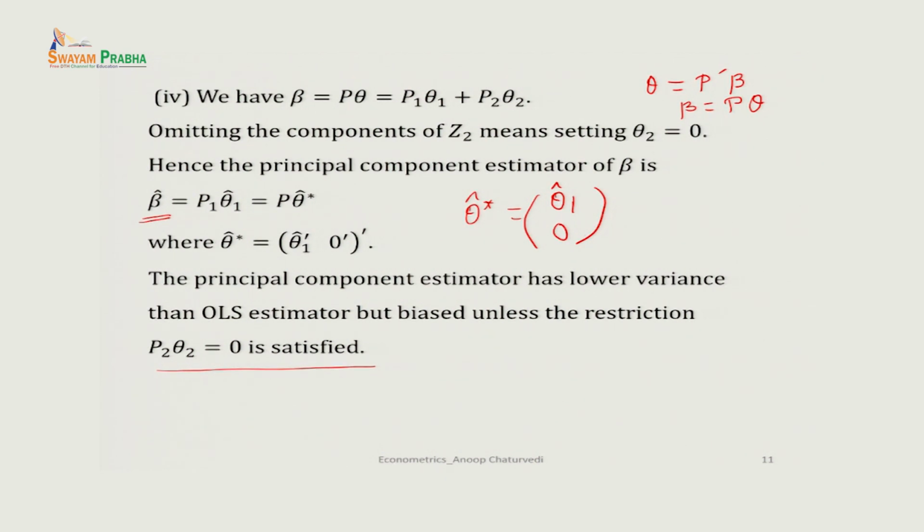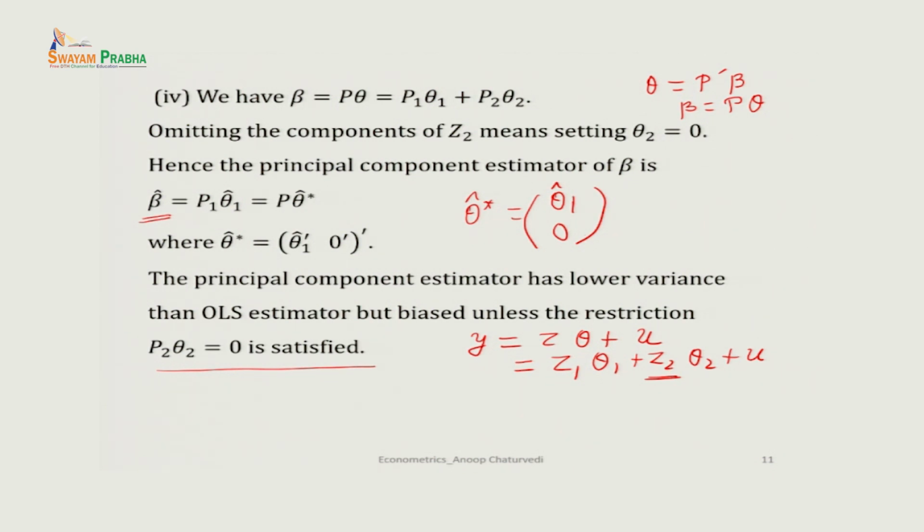First we transform the model as y equal to Z theta plus u, and then we write it as Z1 theta 1 plus Z2 theta 2 plus u, and Z2 is the matrix of principal components which you want to delete. Now, Z1 and Z2 are orthogonal to each other.